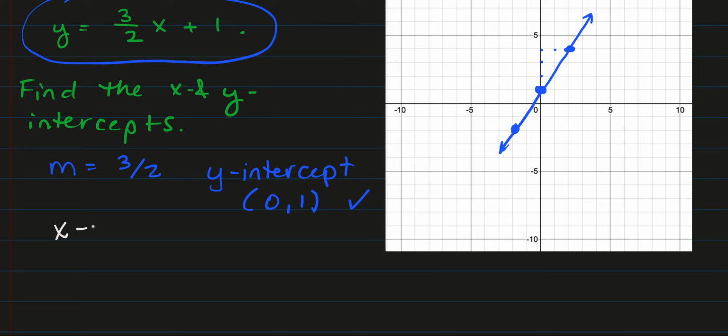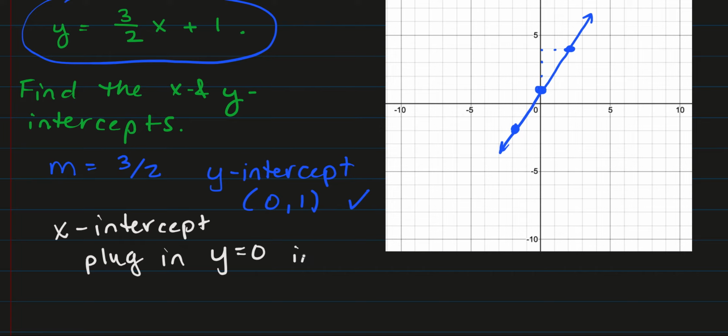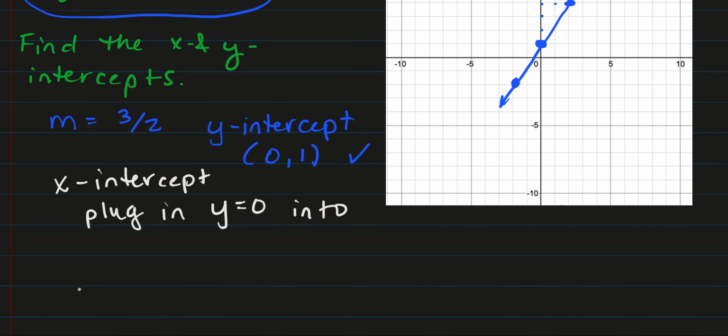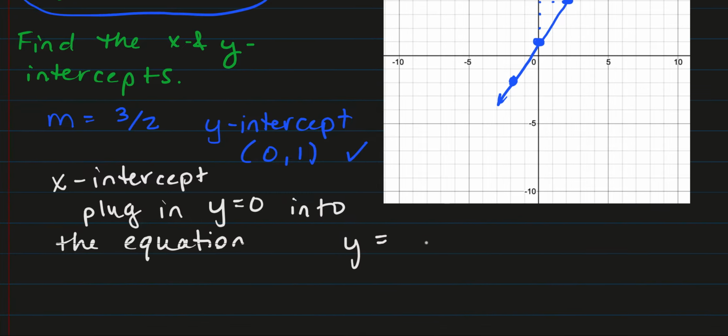To find the x-intercept, we need to plug in y is equal to 0 into the equation. And the equation is y is equal to 3/2 x plus 1.